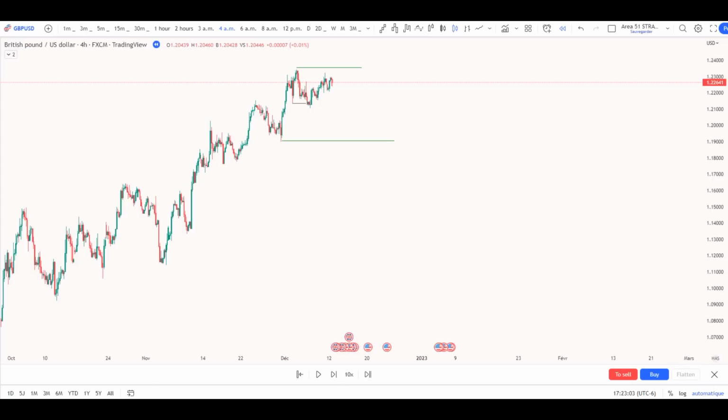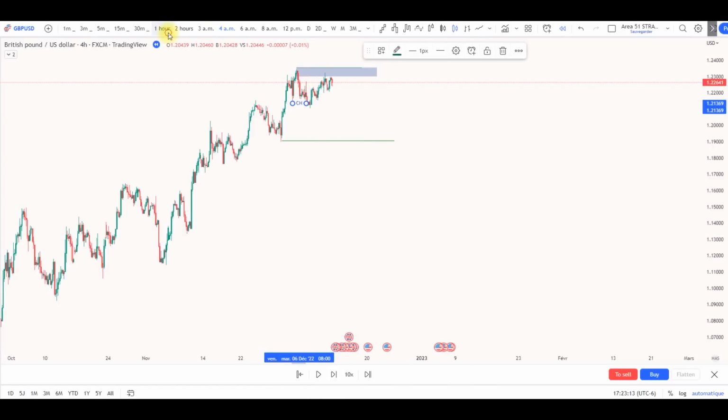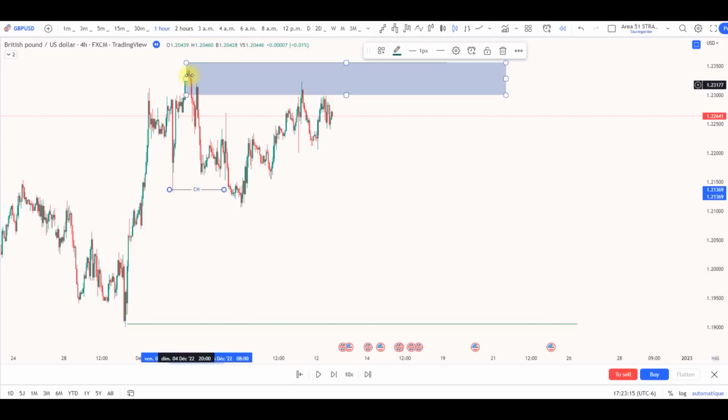Let's see if this is going to be the supply that's going to reverse the market. Let's see if this is our change of character, because we have something that looks like a break of structure to the upside, because this higher low here created this higher high. So now we have a change of character. Let's see what happens from here on.